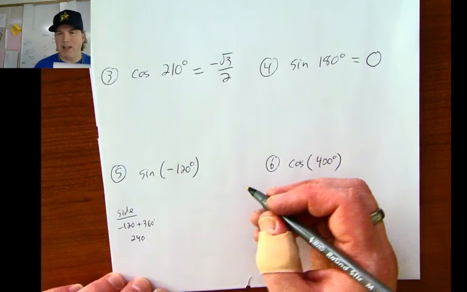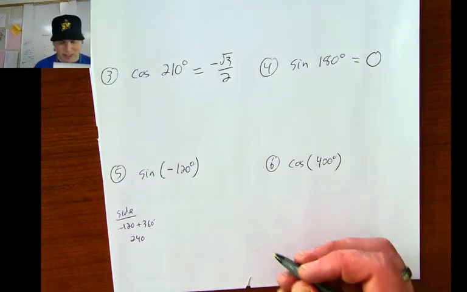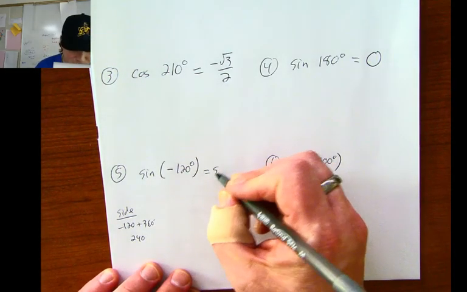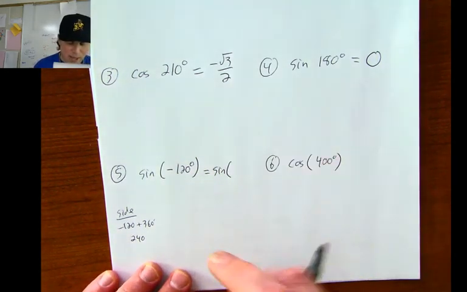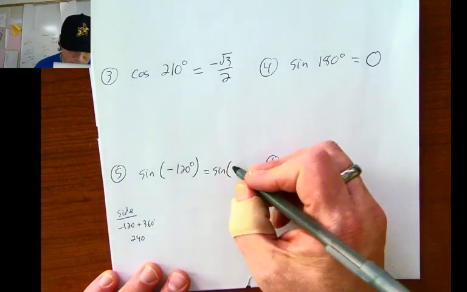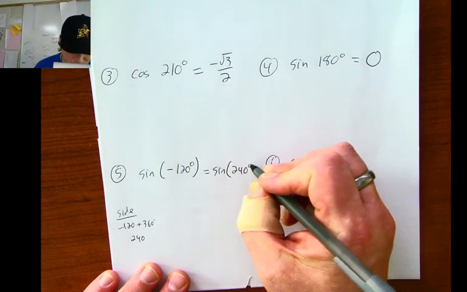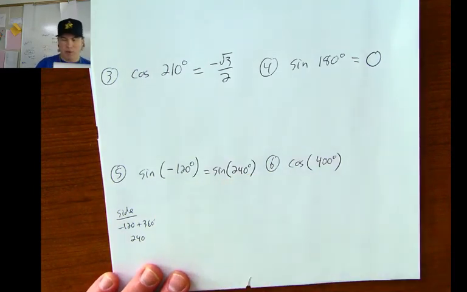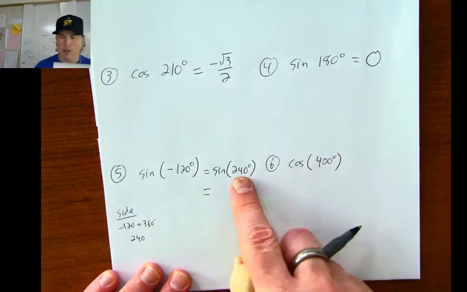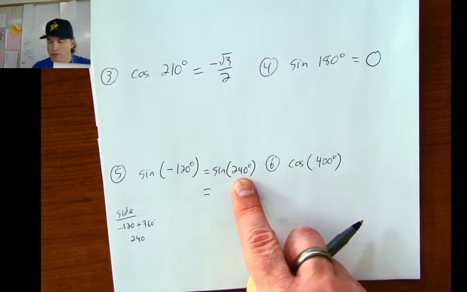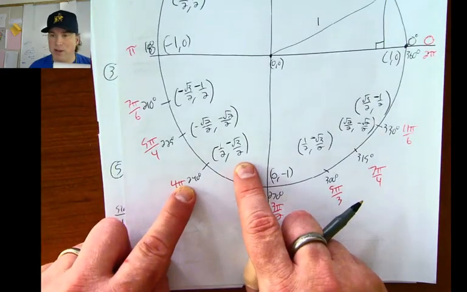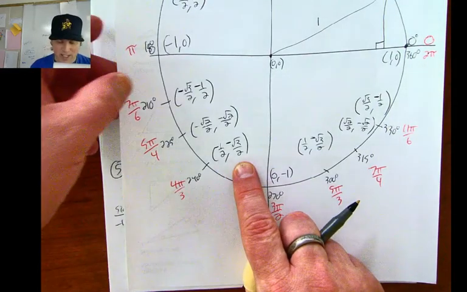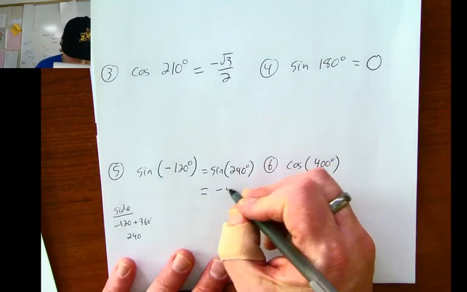Because coterminal angles point in the same direction, these two angles are pointing in the same direction, which means their sine values would be the same. So I go to 240 degrees, and it's sine. And at 240 degrees, the sine, the y coordinate, is negative root 3 over 2.